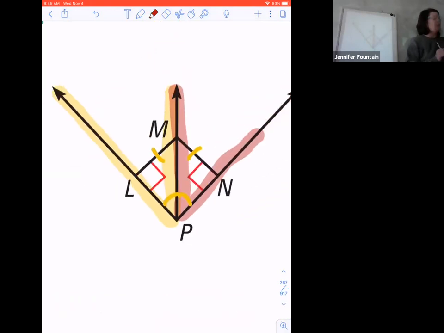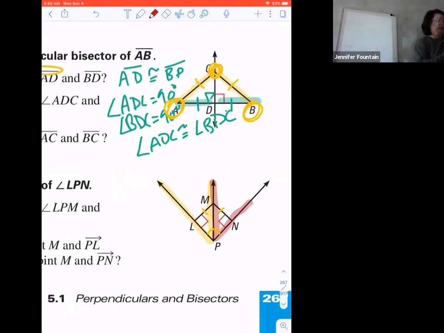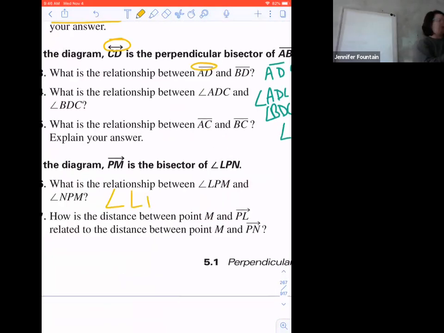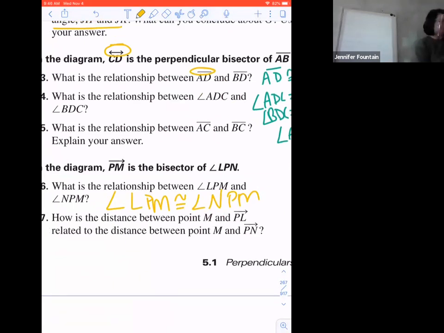We already identified that before they even asked us. We already said, I know that they are congruent. So I know that angle LPM is congruent to angle NPM.